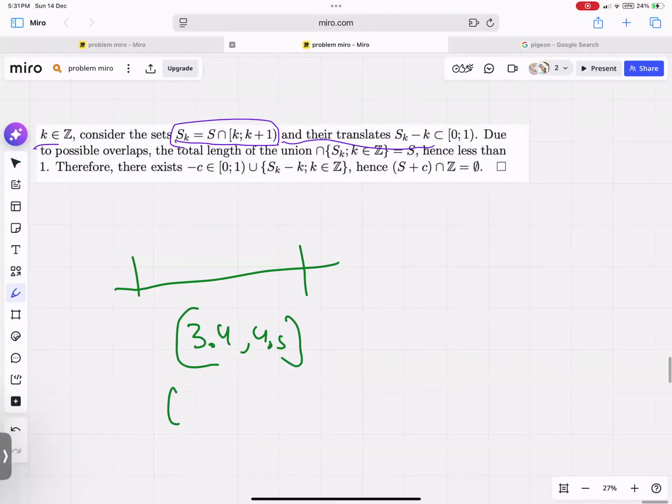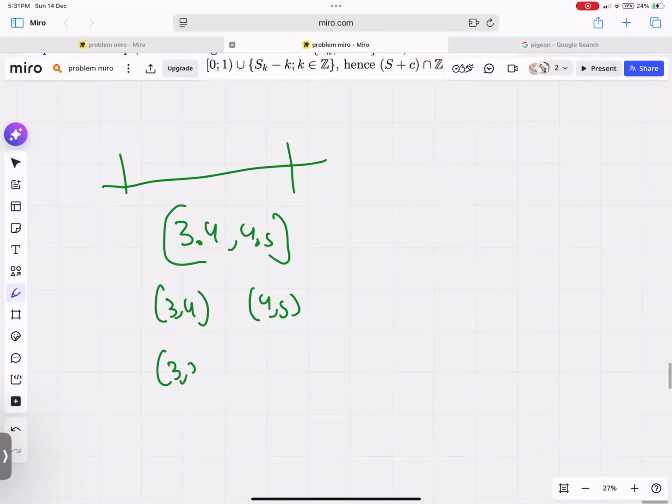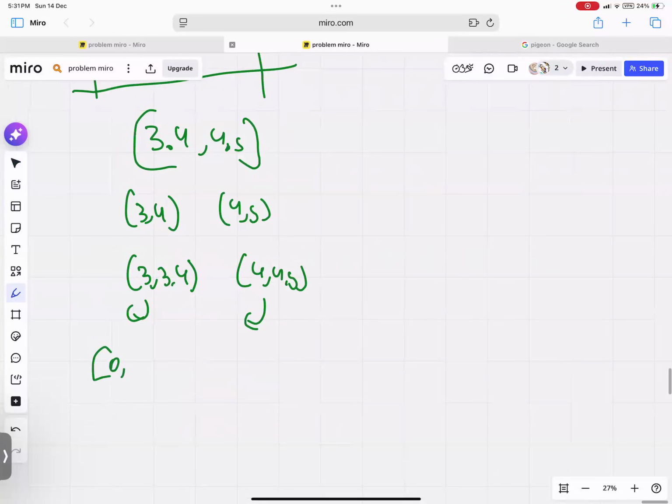We intersect this with 3 comma 4 and 4 comma 5. This gives us two intervals. One is 3 comma 3.4 and 4 comma 4.5. We translate this into 0 comma 1. So that gives us 0 comma 0.4 and 0 comma 0.5.